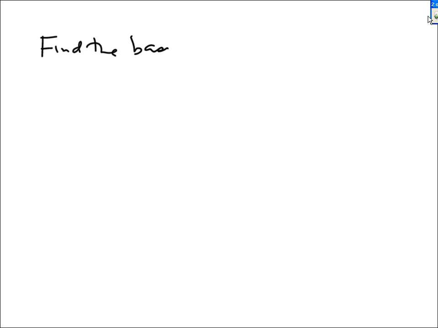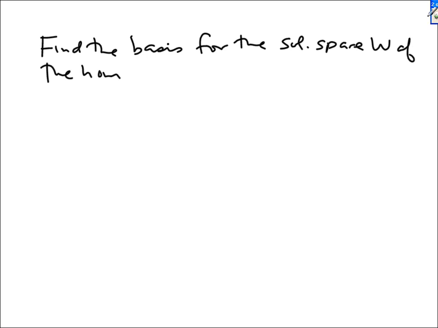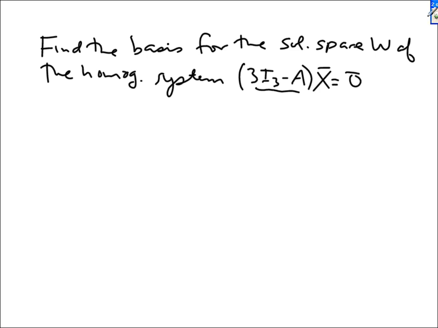Find the basis for the solution space W of the homogeneous system 3I minus A, so this is a matrix, times X equaling the 0 vector, where A is the following, where A is equal to -1, 0, -2, -3, 2, 0, -3, 2, 0, and 0, 1, 0.